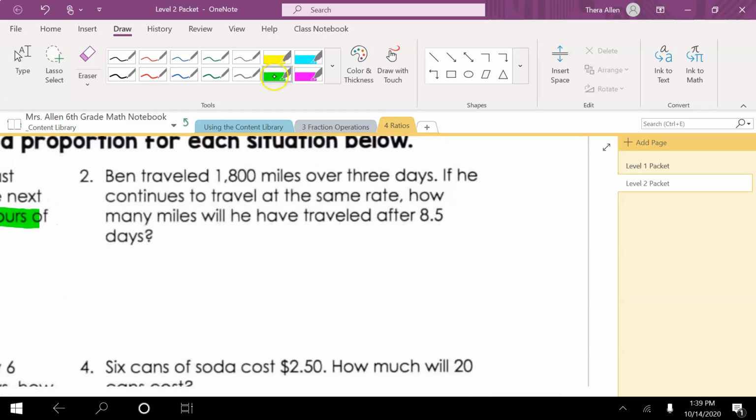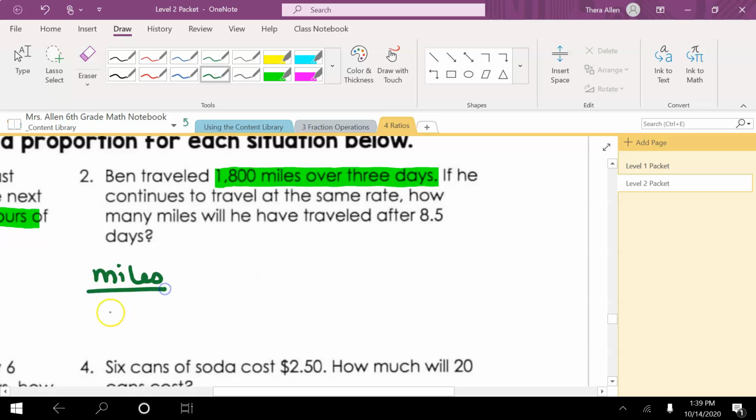Ben traveled 1,800 miles over 3 days. So I am comparing miles to days. And that's the way I'm going to write my ratios. My first ratio is going to be 1,800 miles to 3 days. Now I'm going to keep reading.